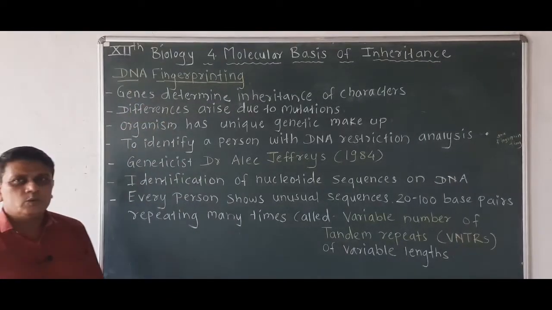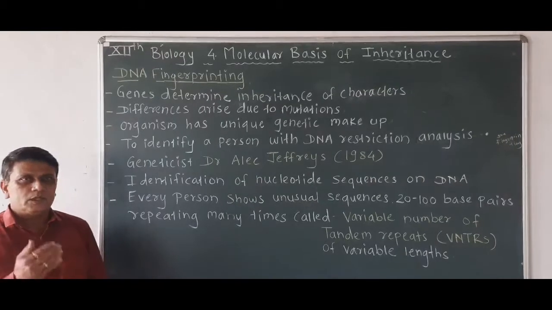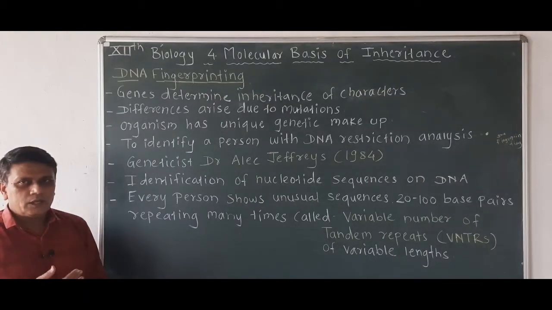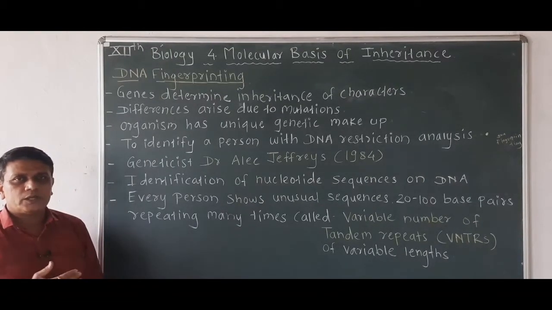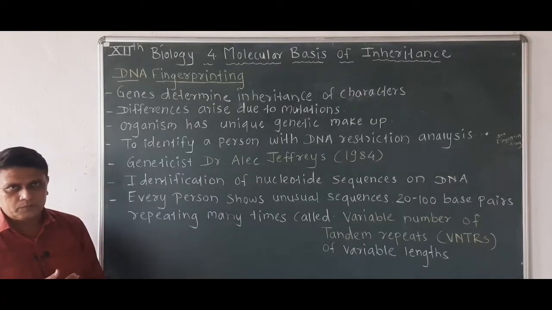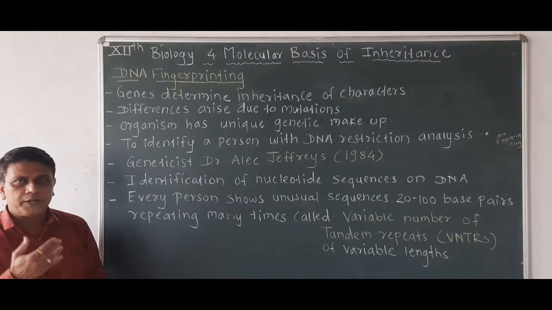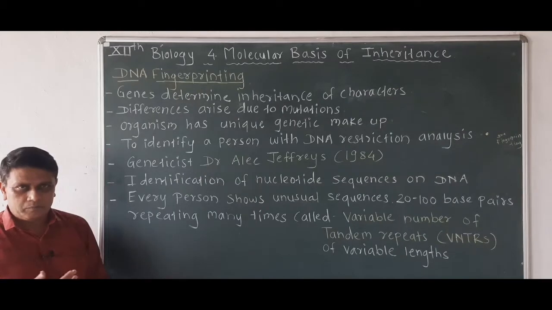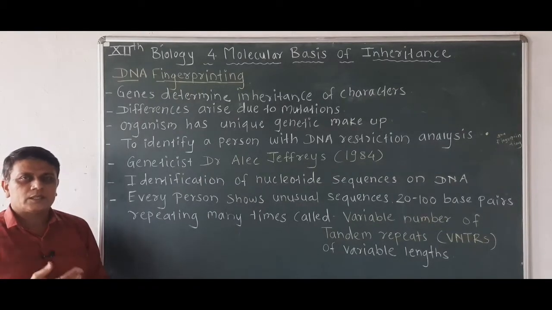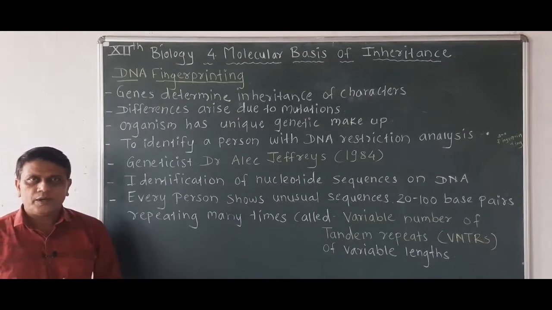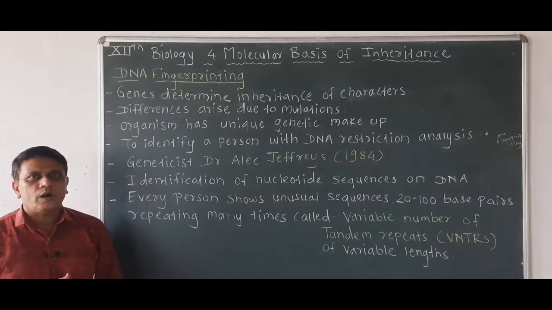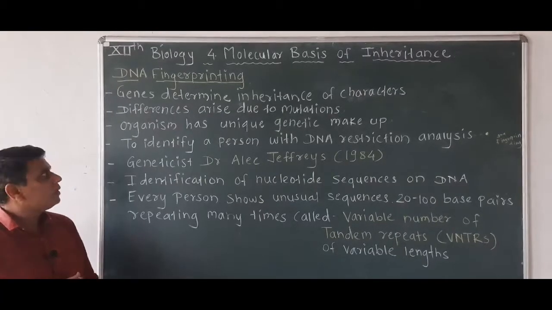Now you know that each organism has a specific genetic makeup. The genetic makeup of an individual is called genotype, and the external appearance of an individual is called phenotype.